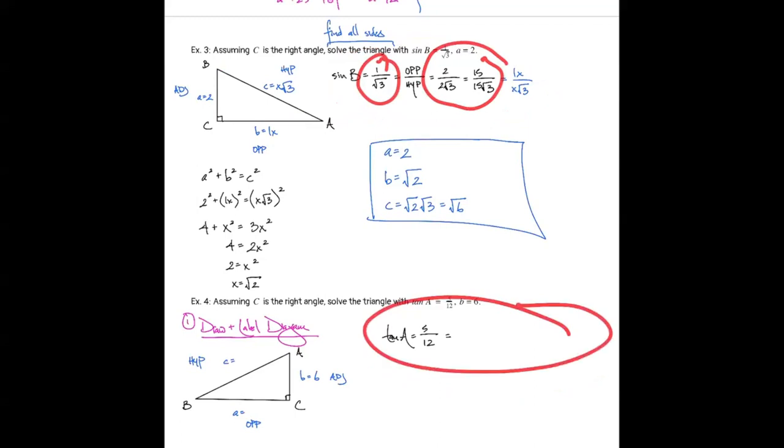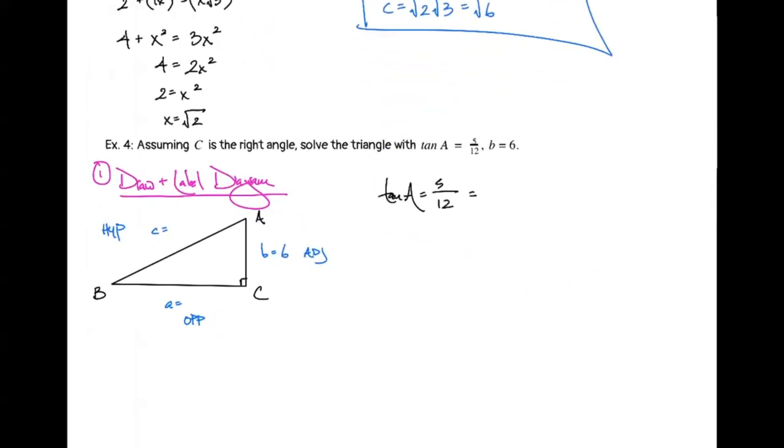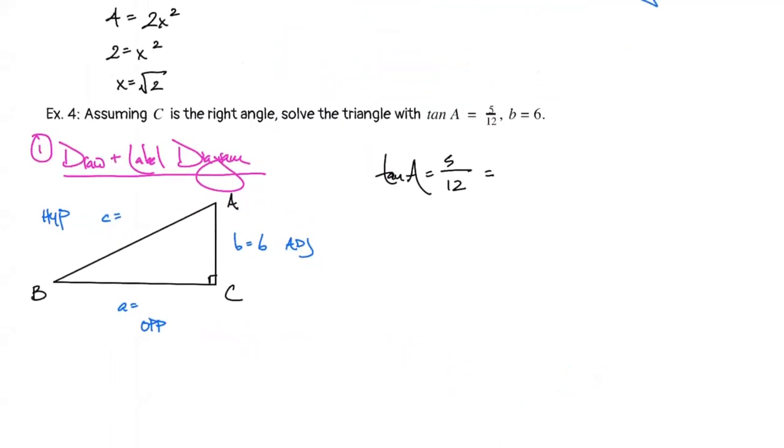Let's think about some unreduced versions down here, okay? So we could put A over 6.